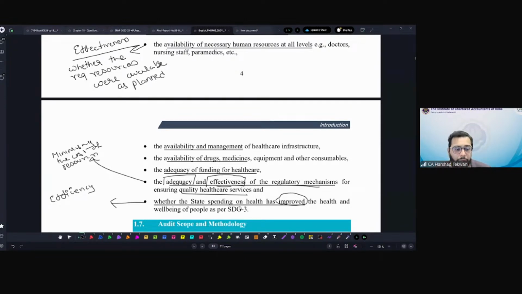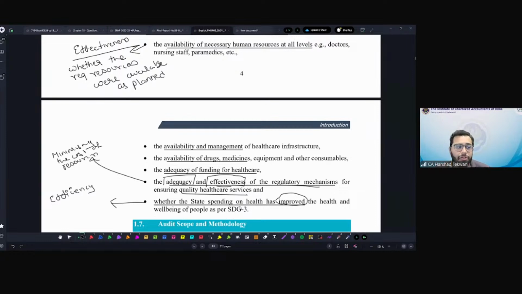Whether adequacy and effectiveness of the regulatory mechanisms for ensuring healthcare was there or not, means with the given cost, with the given fundings, whether adequate and effective healthcare was there or not. Again, you can say this is a combination of efficiency and economy both.